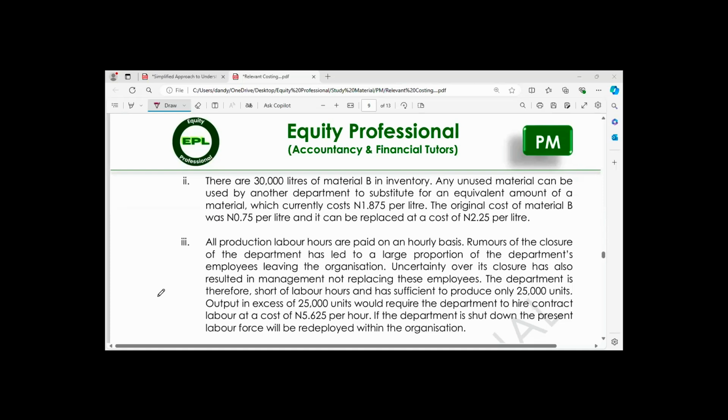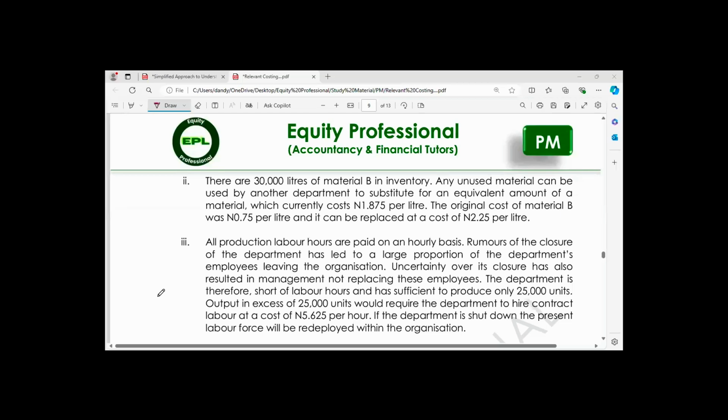3. All production labor hours are paid on an hourly basis. Rumors of the closure of the department have led to a large proportion of the department's employees leaving the organization. Uncertainty over its closure has also resulted in management not replacing the employees.